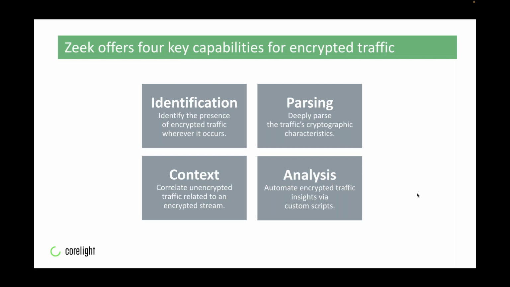Outside of that, we can obviously correlate the unencrypted traffic that relates to that encrypted stream. So although the stream might be encrypted, as mentioned, components of it will be unencrypted, and we can relate the two and how they fit together. And then, of course, using all of that information, we can put that together and use it to analyze that encrypted traffic and really understand what's happening and what's taking place.